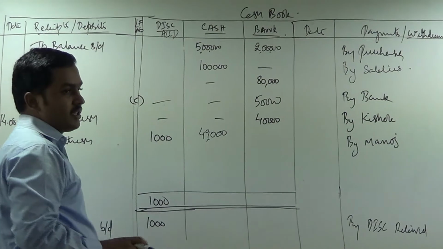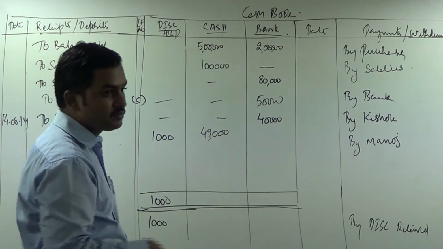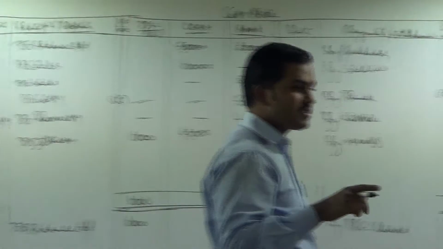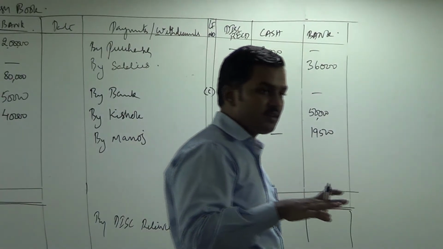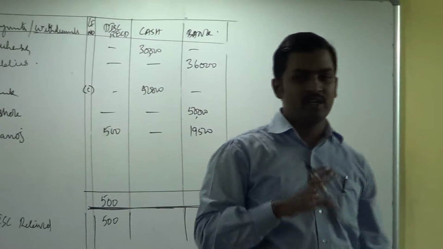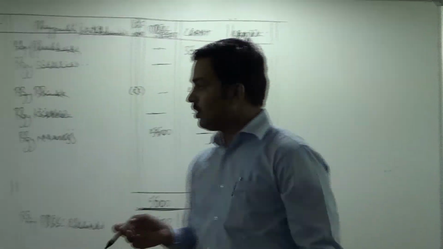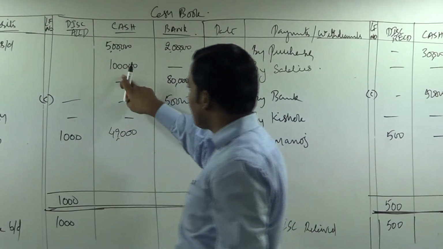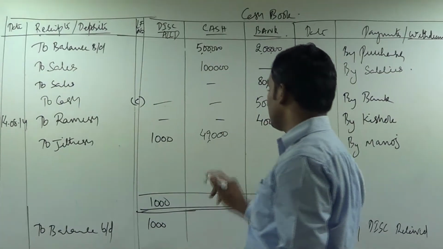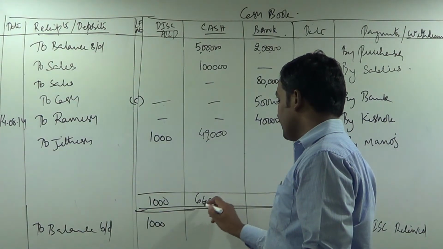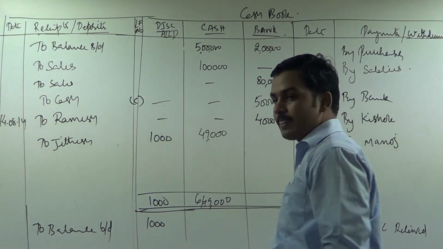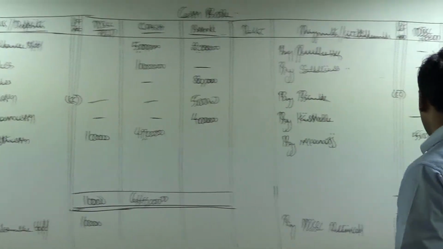Now the receipt side, cash book, cash columns. I told you the debit side will always be higher or equal to the credit side, but the debit side can never be lower. So total the debit side, how much is it? 5 lakh, 1 lakh, 6 lakh 49,000. Write the same total on the payment side also.